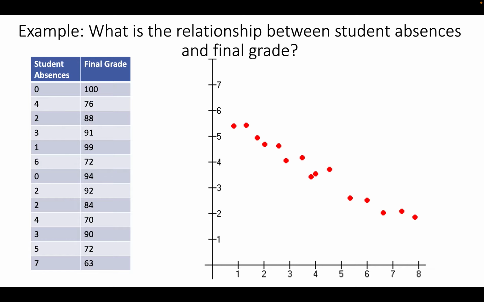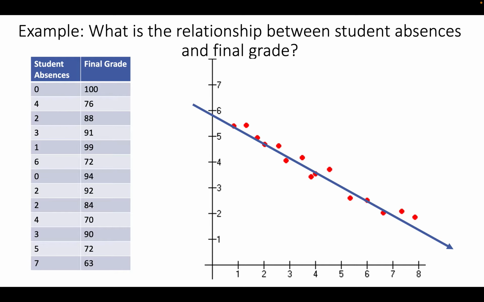Now let's take a look at another example. So, what is the relationship between student absences and final grades? So, the more absences you have, the worse your final grade is. So, take a look at the table to the left. You see 0 absences is a 100 final grade, 4 absences is a 76.